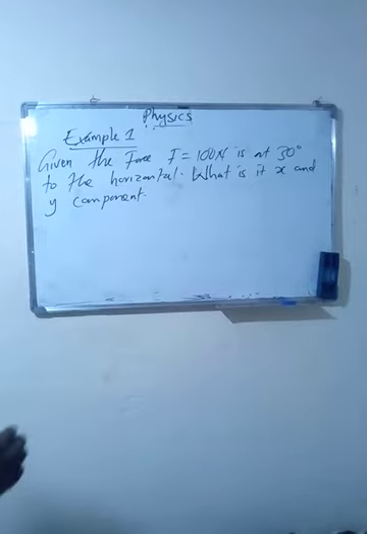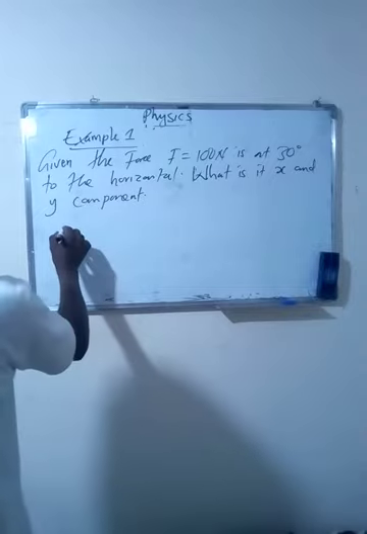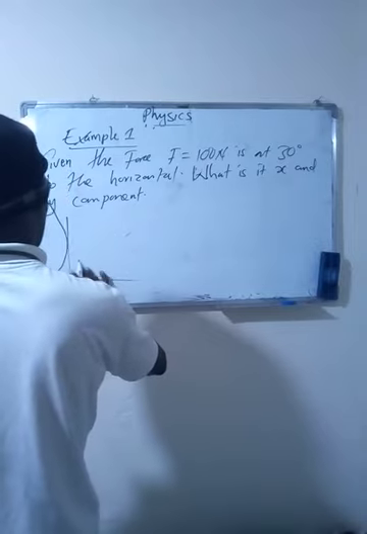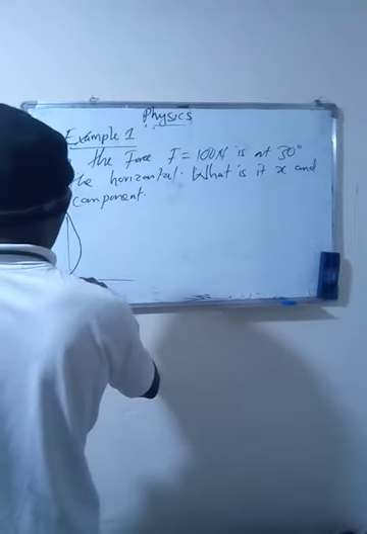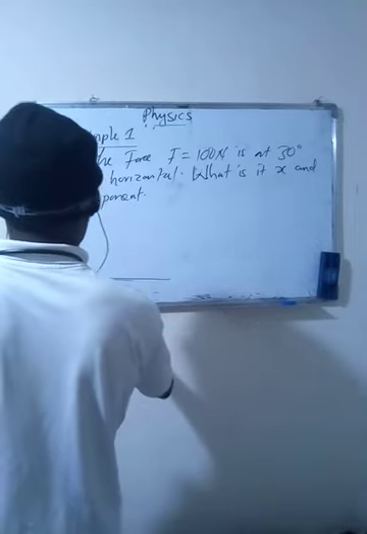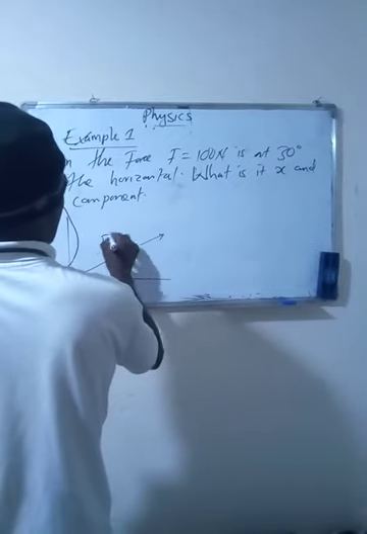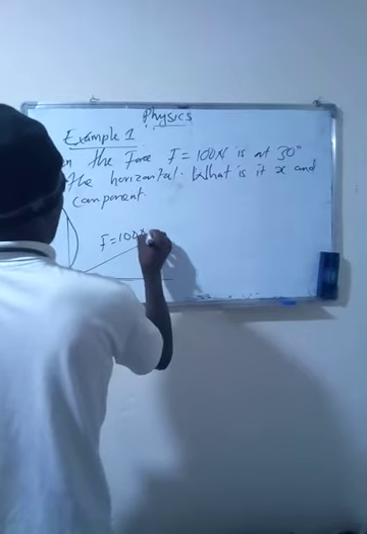So this is the force F, which is equal to 100 newtons, and then it's at 30 degrees. We want to find its x and y component. So this is Fy, and this is Fx. This is Fx because it's force, so we're using F.